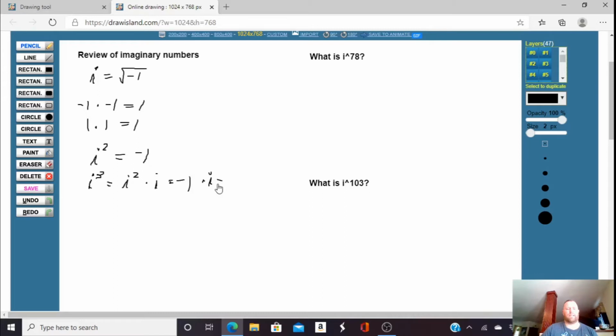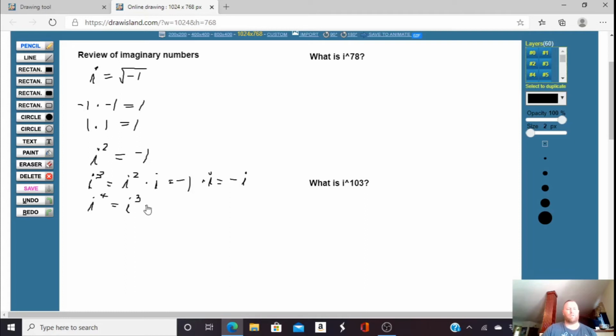So it equals -i. i to the fourth equals i cubed times i.